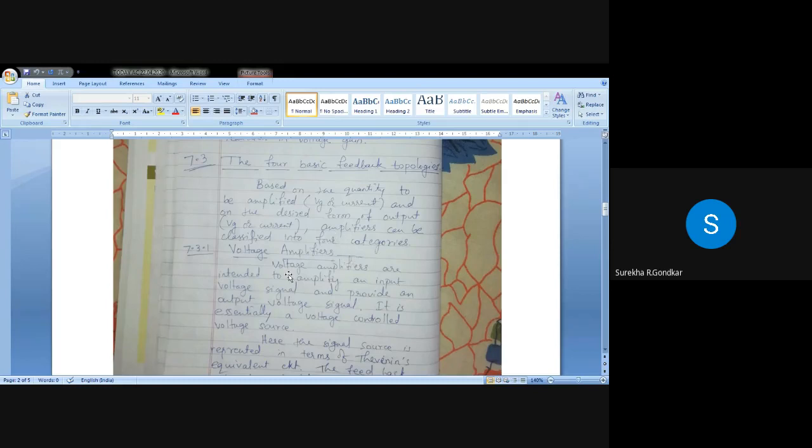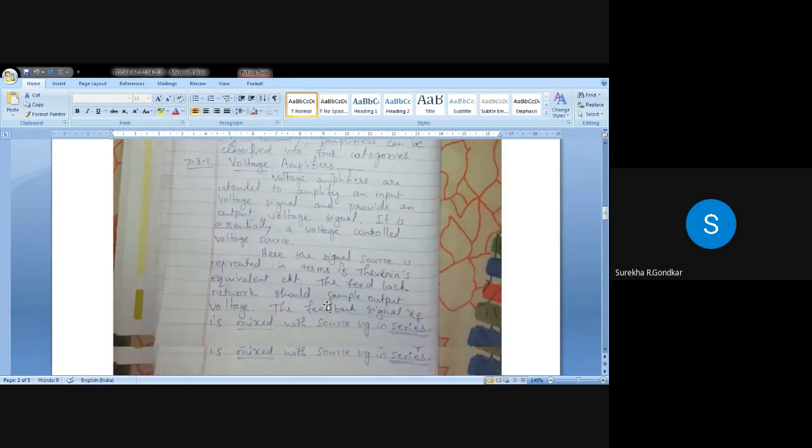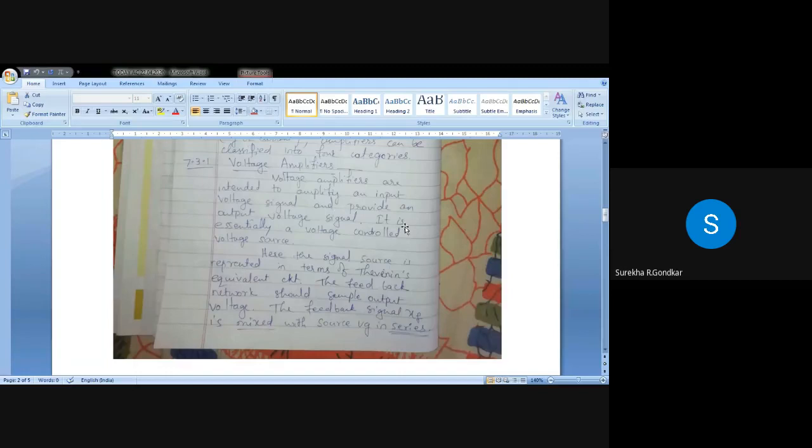The first one is the voltage amplifier. In a voltage amplifier, the input voltage source is represented by Thevenin's equivalent, which consists of a voltage source in series with a resistance, and the output quantity is also voltage in this case.